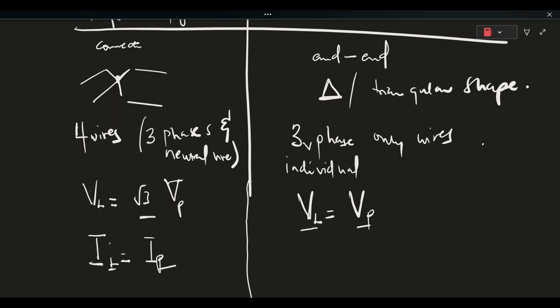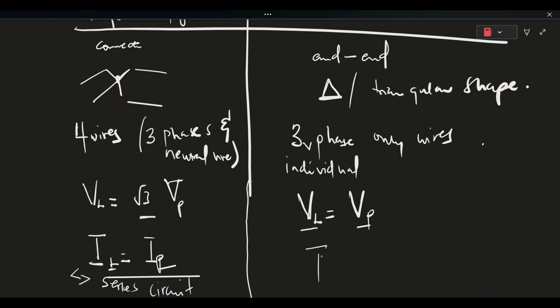So hence our line current is equal to our phase current. All in all, it's because of the series connection between the load and our source that gives us this IL equals IP.